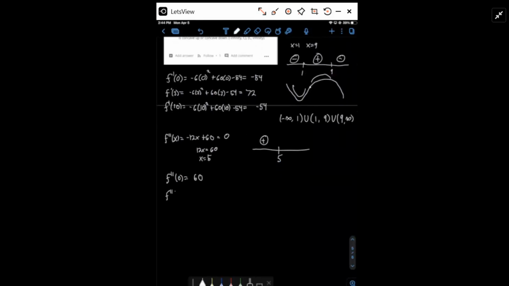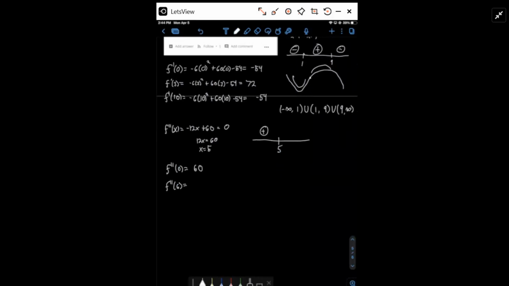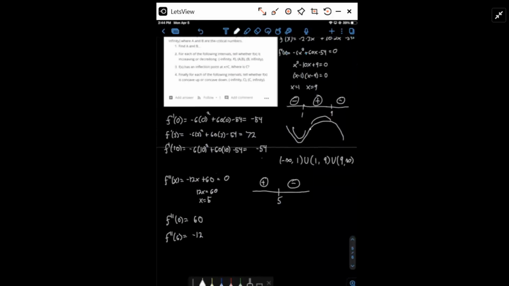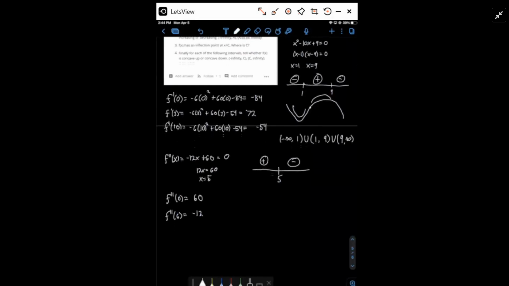We have f double prime of 6 equals negative 12 times 6 is negative 72, plus 60 is going to be negative 12. So that is going to be concave down. And that means that the intervals of concave up and concave down, concave up is going to equal negative infinity to 5, and then concave down is going to equal 5 to infinity.